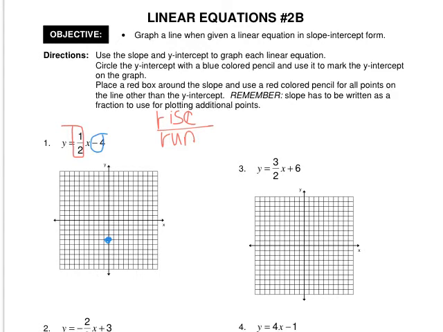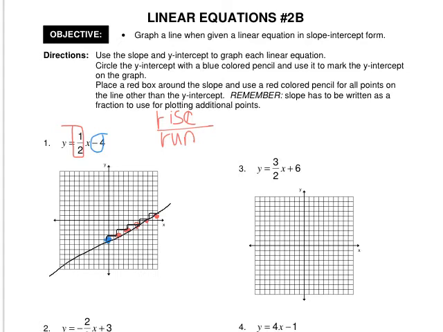And then from there, we keep going up 1 over 2 to our next point, up 1 over 2, up 1 over 2. See how we have that staircase? Right? And then we would connect them with a line, and hopefully you're using a ruler to make a nice straight line. And that's how you would graph your equation.